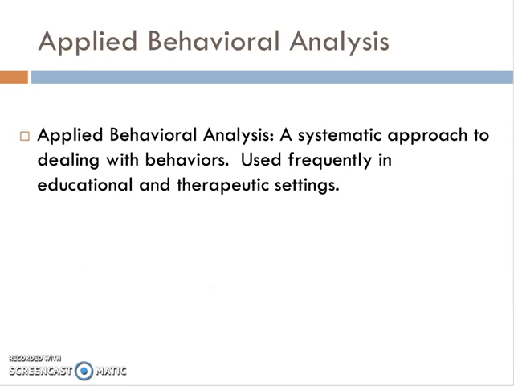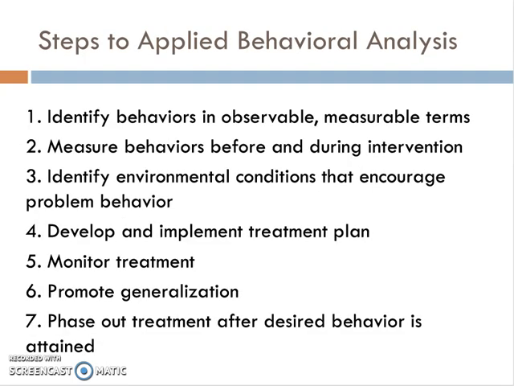Applied behavioral analysis is often used in educational settings, and it's a systematic approach to dealing with behaviors using reinforcement and punishment. And this is frequently used in special education and other therapeutic settings. So applied behavioral analysis is essentially a technique to systematically use reinforcement.